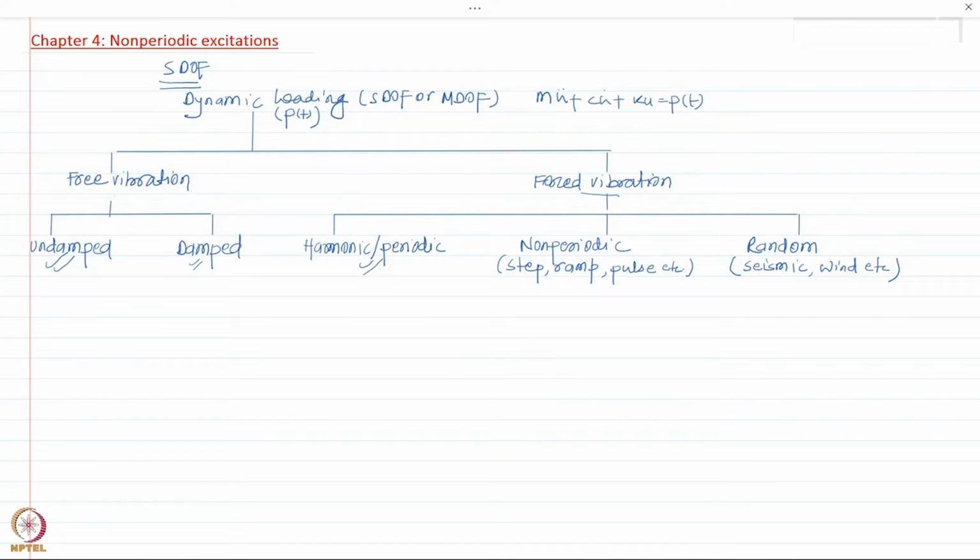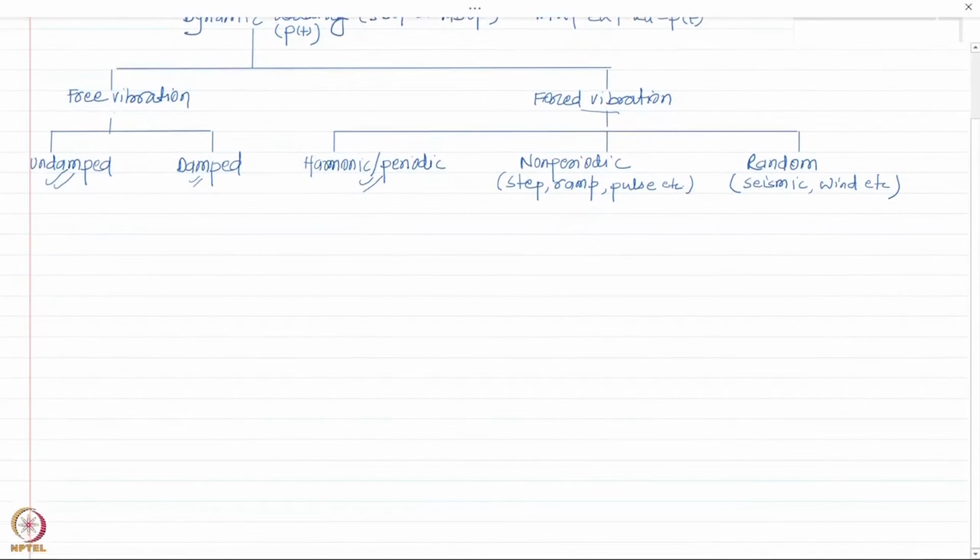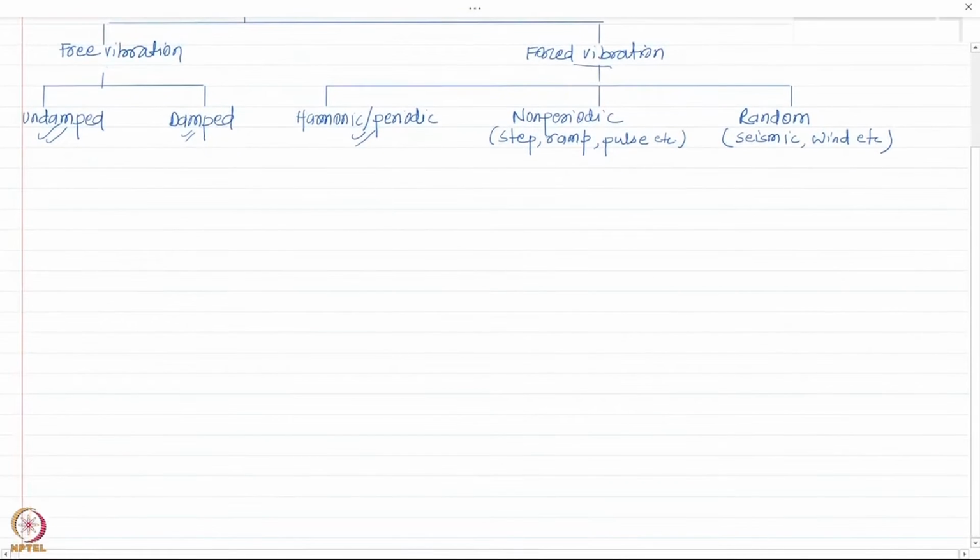Now harmonic and periodic excitations are fine, but you will encounter many loads in real life scenarios which might not be either harmonic or periodic. So for those types of systems it becomes imperative that we study the response subject to non-periodic excitation.